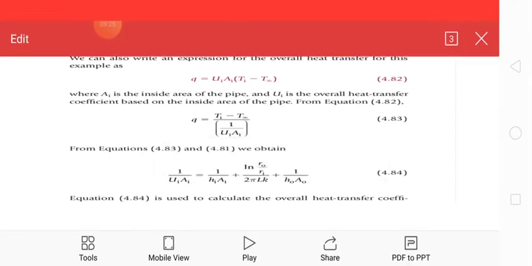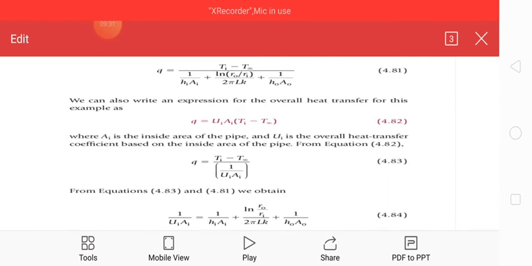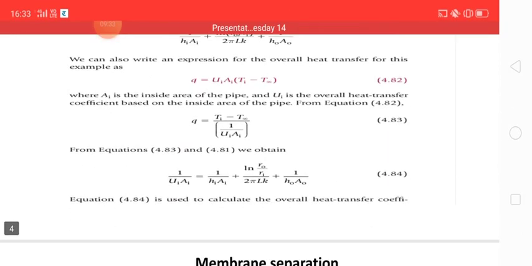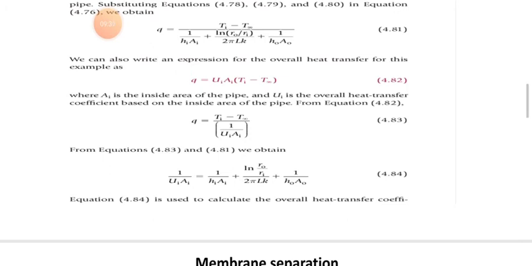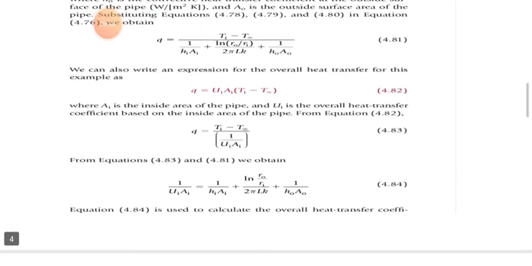So now we have compared equations 4.81 and 4.83. On the basis of this, 1 upon UiAi is equal to 1 upon HiAi plus all these resistances of inside convection, conduction, and the outside convection. So this is the calculation of the overall heat transfer coefficient.